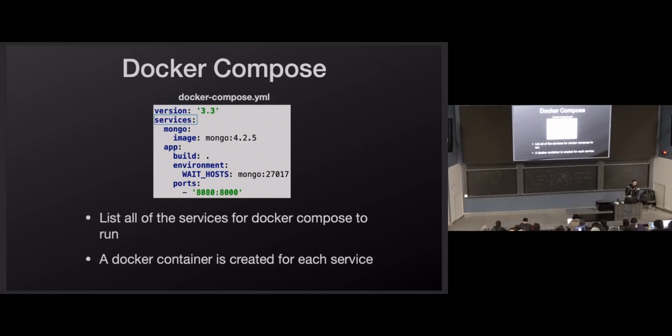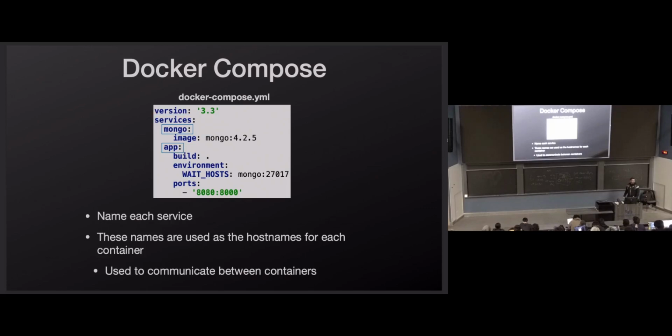Then a list of services. These are going to be all of the Docker containers that are going to be created by this file. So for each Docker container, we're going to specify it as a service, and those are going to be Mongo and app. You need to pay attention to these service names.